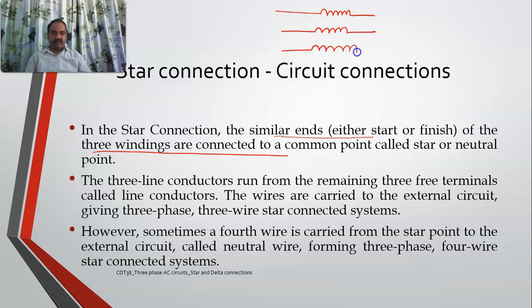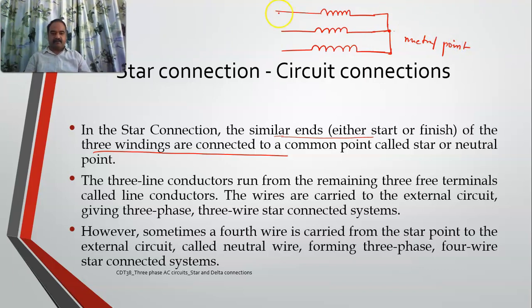These ends are left open for your further connection, whereas these ends are joined. So either start or finish, any of these ends will be connected to one common point, and this particular point is called the neutral or star point in some textbooks.